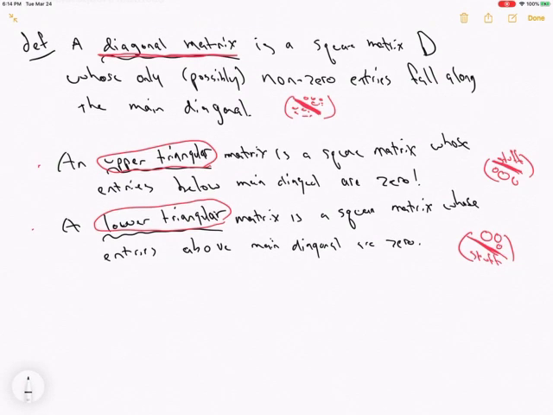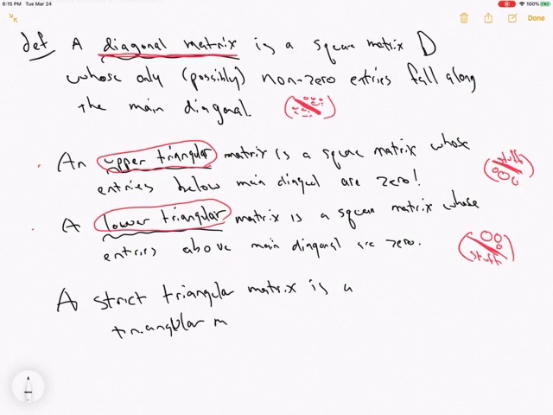In either case, it doesn't matter if it's upper or lower, a strict triangular matrix is a triangular matrix, either upper or lower, such that the diagonal entries are also zero.